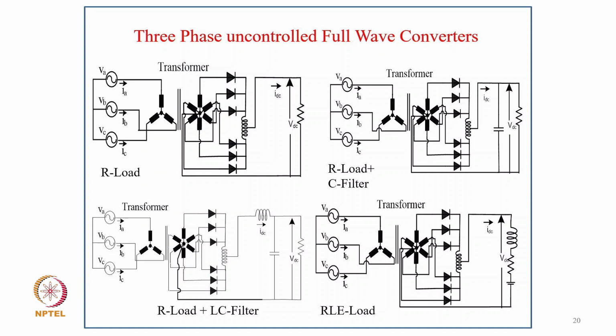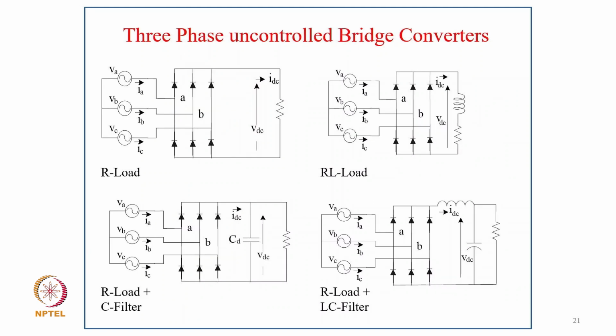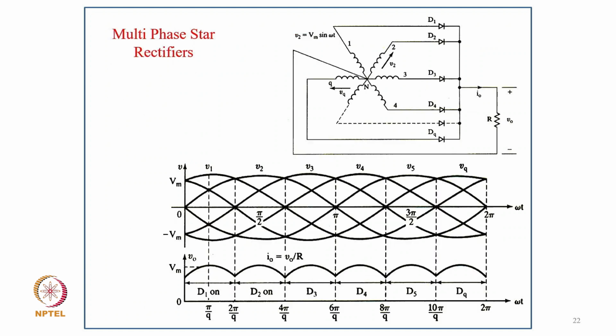Then similarly we have a three-phase full-wave converter with resistive load, then capacitive filter with R load, then LC filter with resistive load, and then RLE load. Similarly, we have the three-phase uncontrolled bridge converter with resistive load, RL load, then capacitive filter with resistive load, and then LC filter with resistive load.